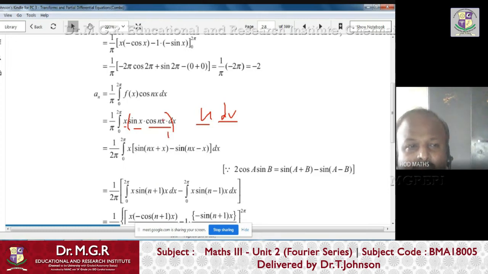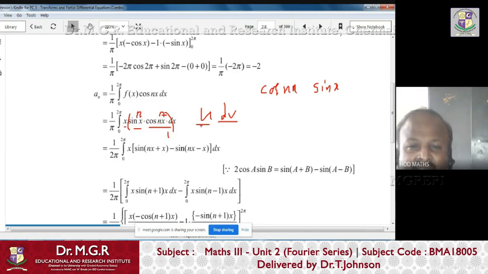So what they are doing now is changing this into a nice representation using the cos A sin B formula, right? They take cos nx as cos A, and sin x as sin B. You may ask, sir, why do they take this as A and this as B? Because it has the extra representation n.